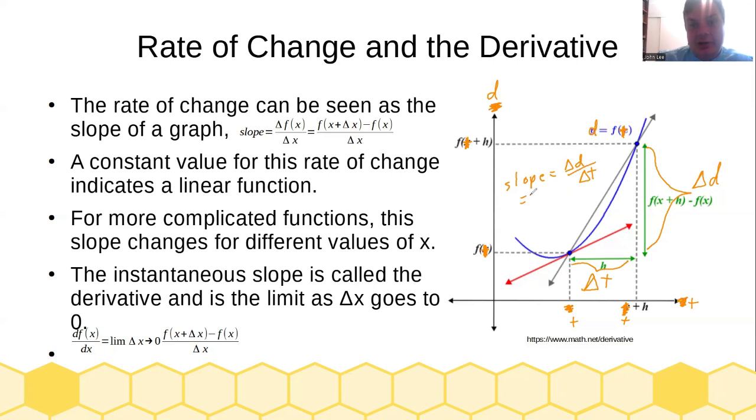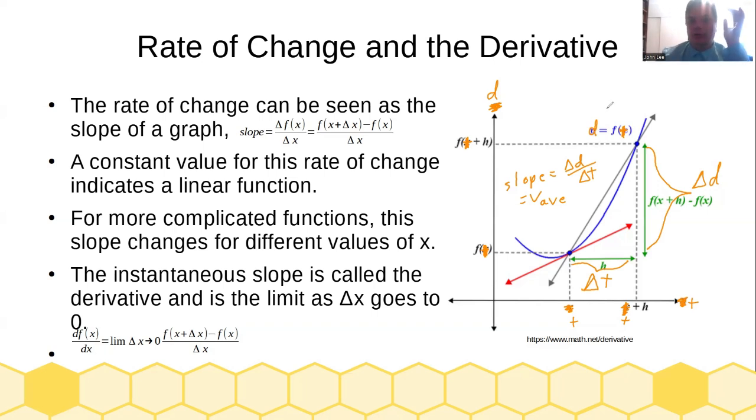That is also known as V average. So the slope of the line between the 2 points is the slope of the gray line in here, and it gives you V average. So for a higher slope, delta D would be bigger over the same amount of time, so it would be faster.